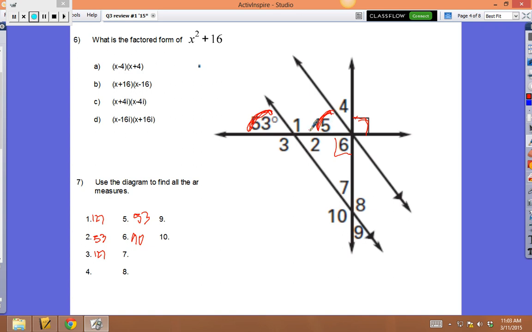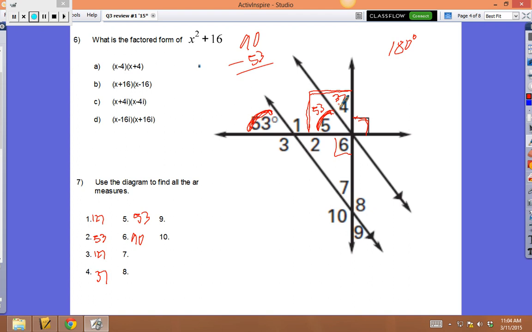I know that 5 and 4 have to be 90, because on the left is 90 and here's a 90, and 90 plus 90 is 180. On that straight line you got 180. So 5 and 4 got to add and give you 90. So I'm going to take 90 minus what 5 is. 5 is 53. 90 minus 53, that's 37. So if this part's 53 and this part's 37, that will give you 90. So 4 has to be 37.